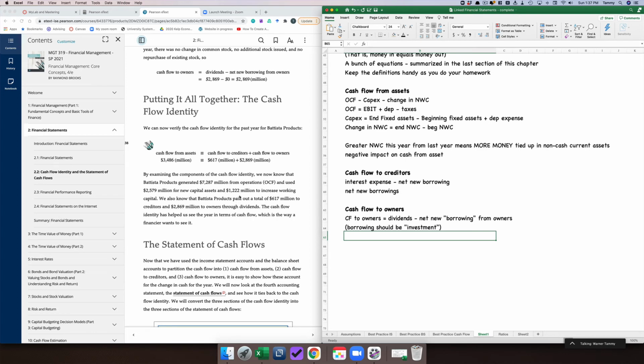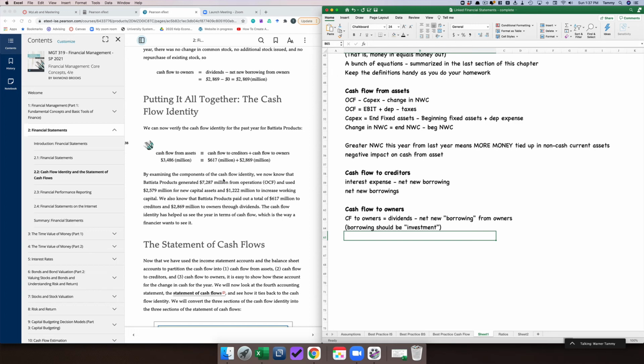When you buy a new capital asset, you almost always have to increase your working capital as well. Think about it. If you buy a new machine to make beer in a brewery, you also have to buy more bottles and things, right? So new capital investments almost always come with increases in working capital as well, which are negative cash flows, right?